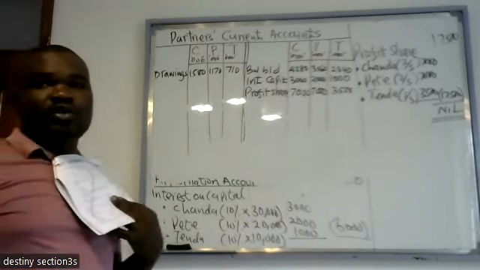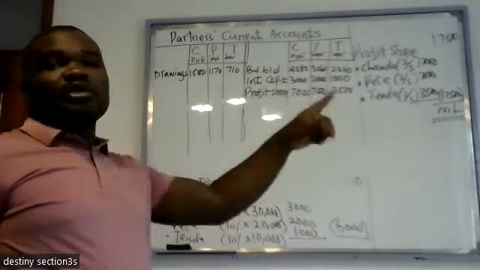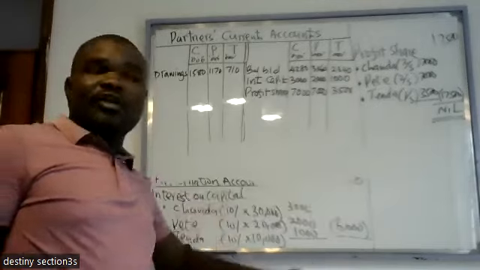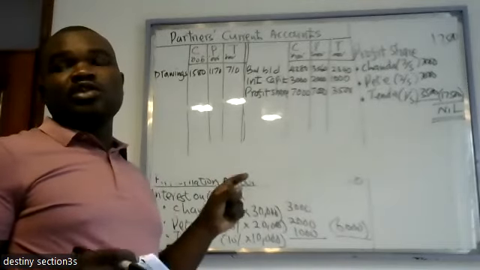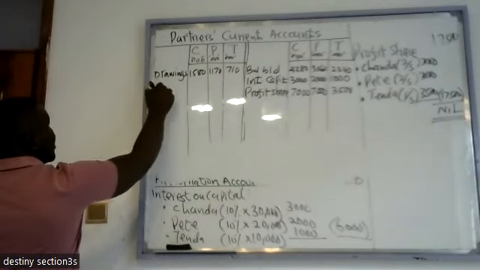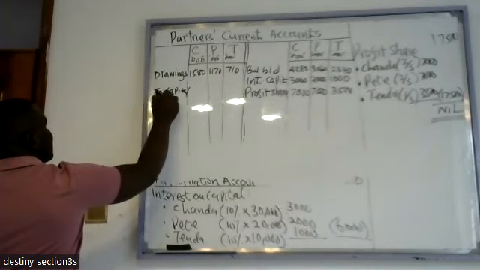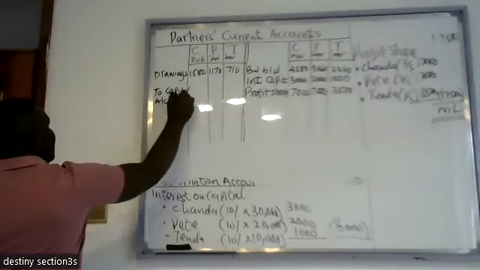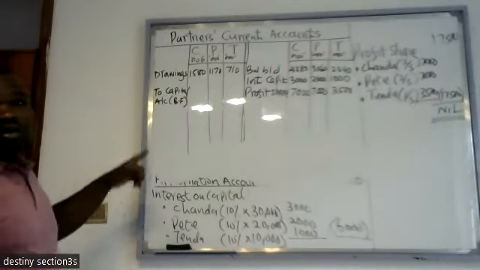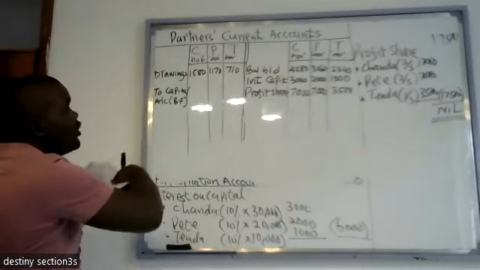There's nothing much which goes there. So the balancing figure, you will take it to the capital account so that we can determine the total due to the partners. So your balancing figure here, you take to capital account, the balancing figure to capital accounts. So add this side, subtract the drawings.